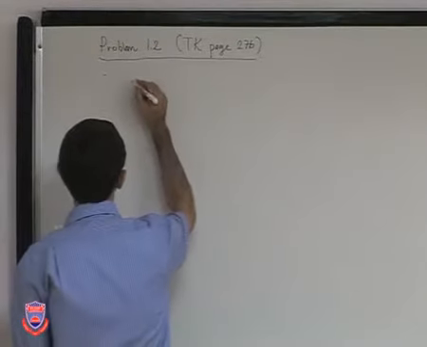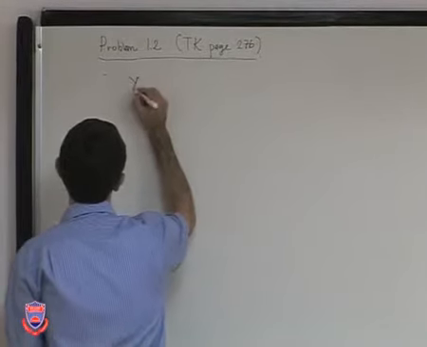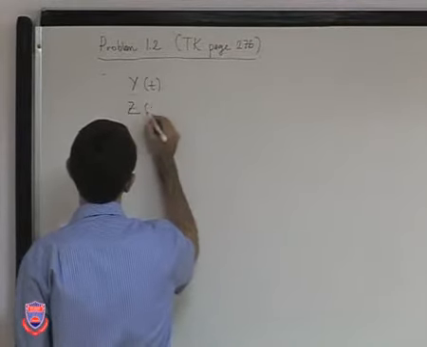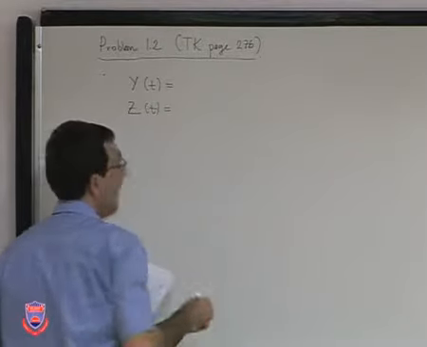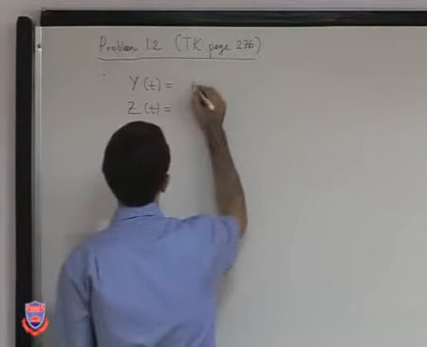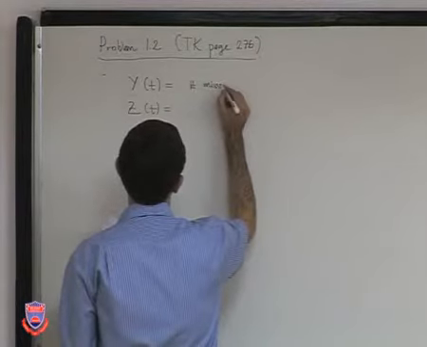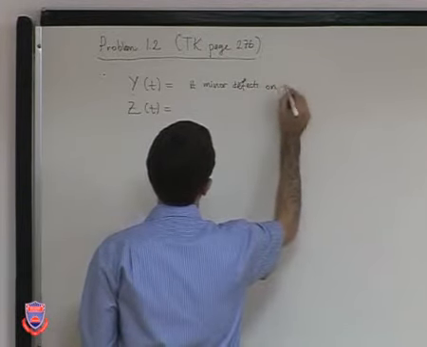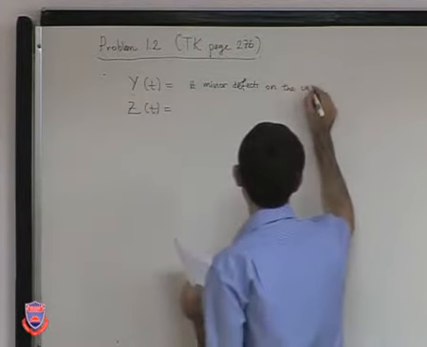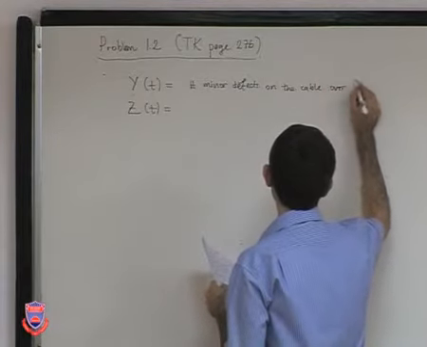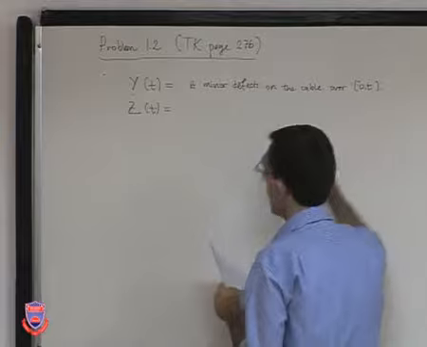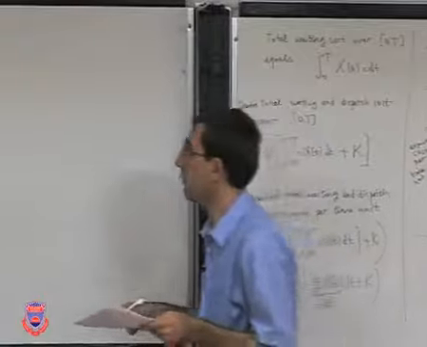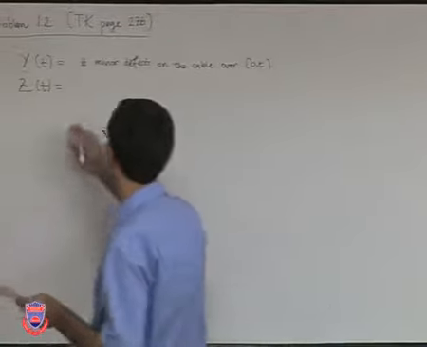So let's do that. Let's see how we can do that. So I am first going to define two processes, and in the meantime I am also summarizing the question. Let's denote by Y the number of minor defects on the cable over the length t, or in the first t units of the measurement that you use to measure the length.